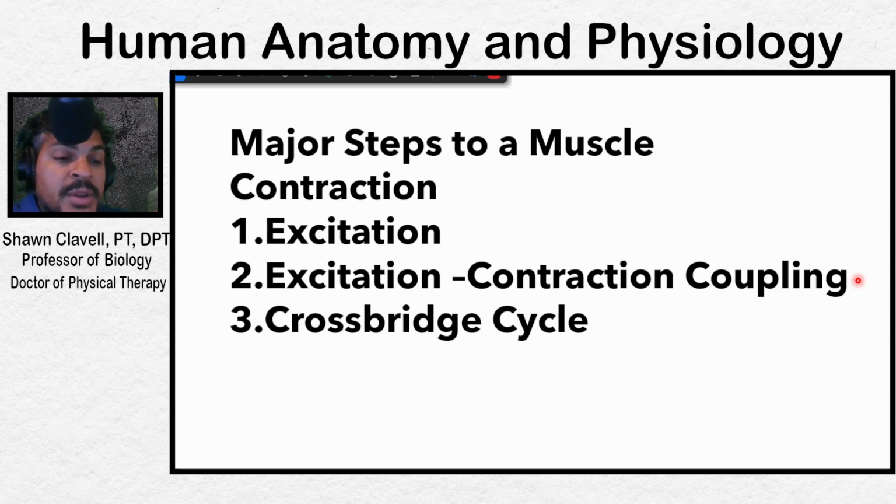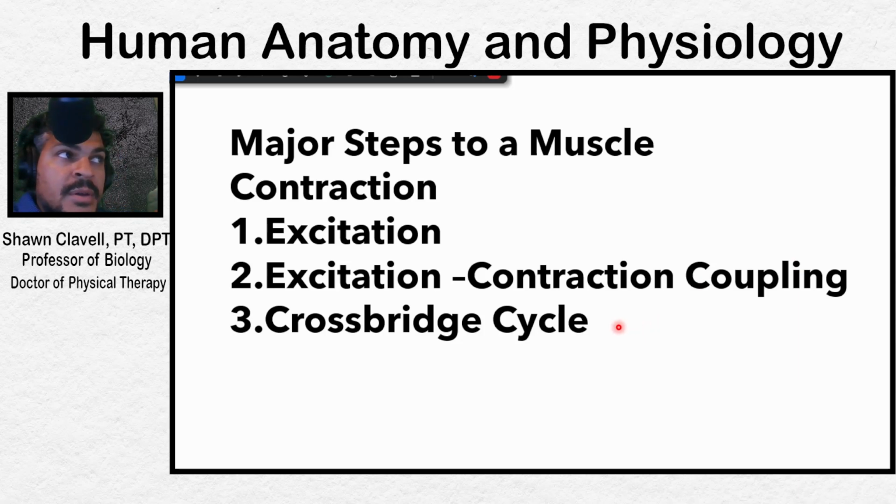At this point, I encourage you to watch the videos on membrane potential and action potential. This will help us interpret what's going on through the excitation-contraction coupling cycle, in which an action potential travels across the entire sarcolemma into the T tubules and stimulates the release of calcium. Once calcium is released, we're going to see what's known as the cross bridge cycle.